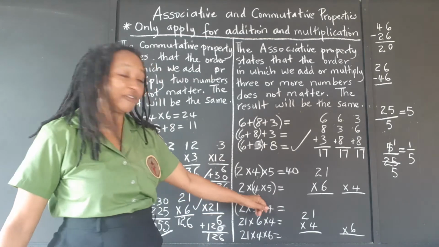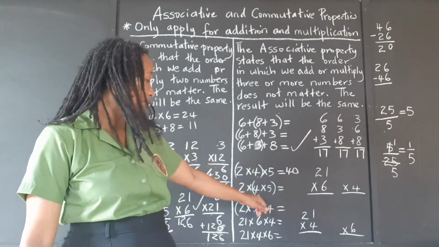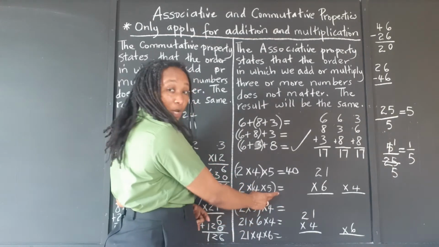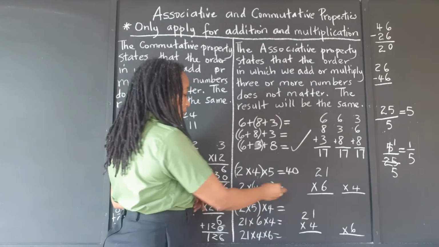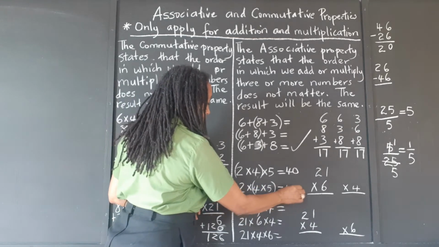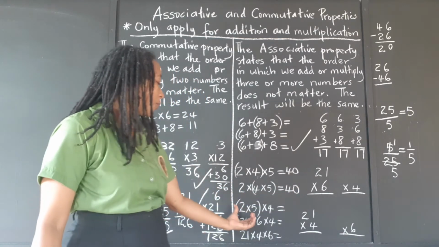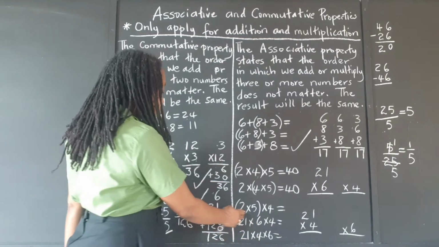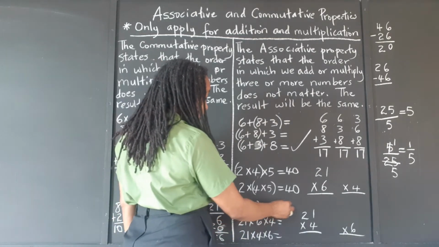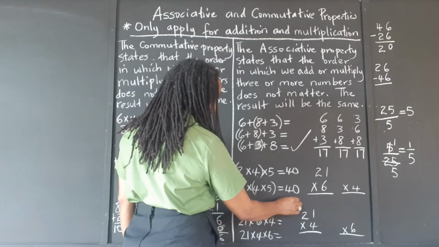Suppose we multiply the 4 and the 5 first. Remember, the bracket tells us which one would work first. 4 5s are 20 times 2 also gives 40. Suppose we worked the 2 times 5 first. 2 5s are 10 times 4 also gives 40.